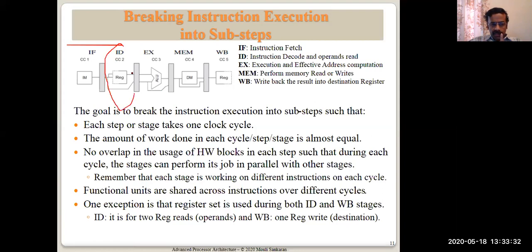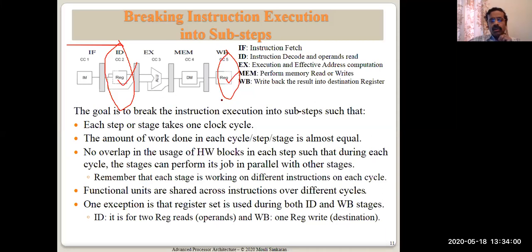Now if you read it properly, during the same cycle, for some instruction in this stage, two register operands will be read. Similarly, in the same cycle, some instruction is in the write back stage, and writing of the result is going to happen in the register set. So I told you we cannot have the same hardware block used in two stages, but we are using it now.